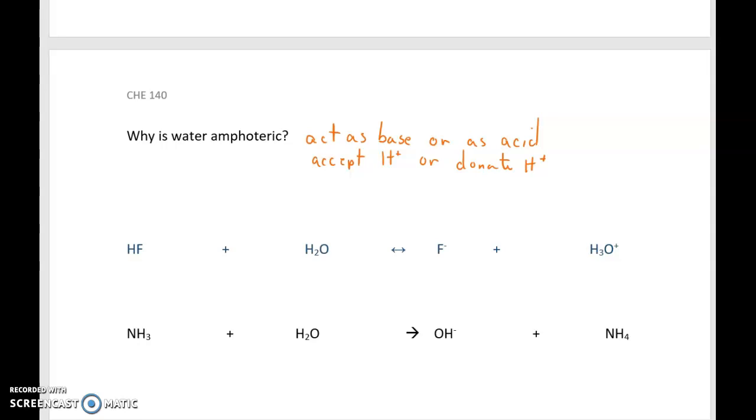So let's label these two reactions that we have below us as acids and bases, and conjugate acids and conjugate bases. So we probably want to first figure out which ones are paired. So let's change my color here. This hydrofluoric acid is going to be paired with the fluoride ion there.